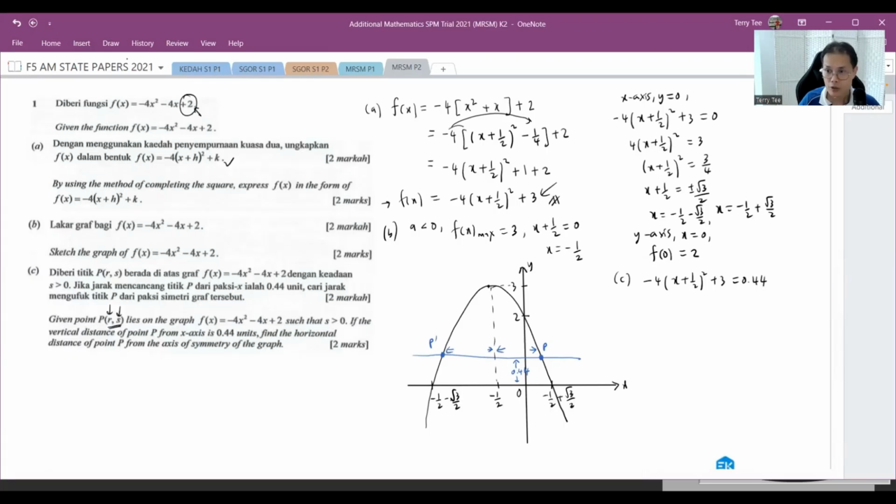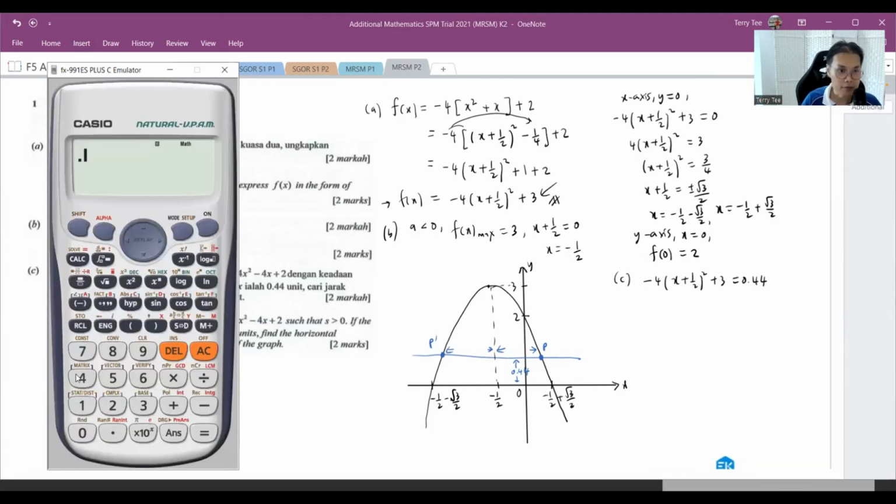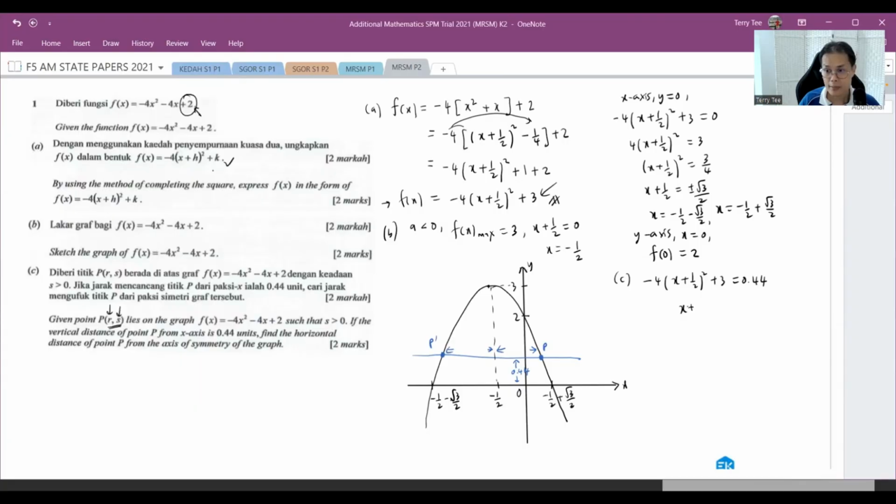Okay, so I'm going to bring the 3 over and divide by -4. You can use a calculator. Since 0.44 is not a nice number, you minus 3 and then you divide by -4. So this will give us 16/25. You can leave it in decimal. All right, I'll just write 16/25. So (x plus half) squared is 16/25.